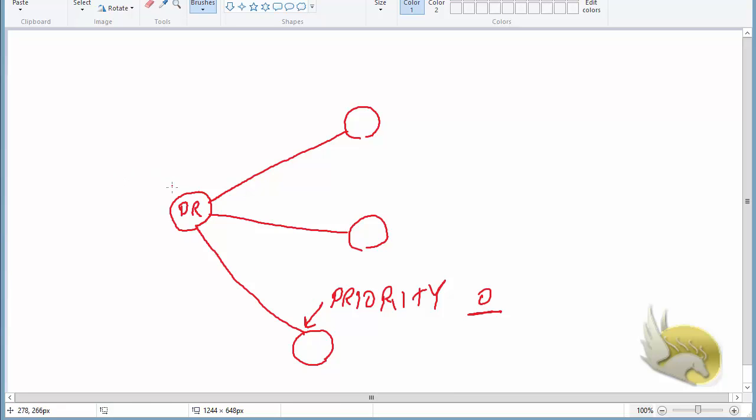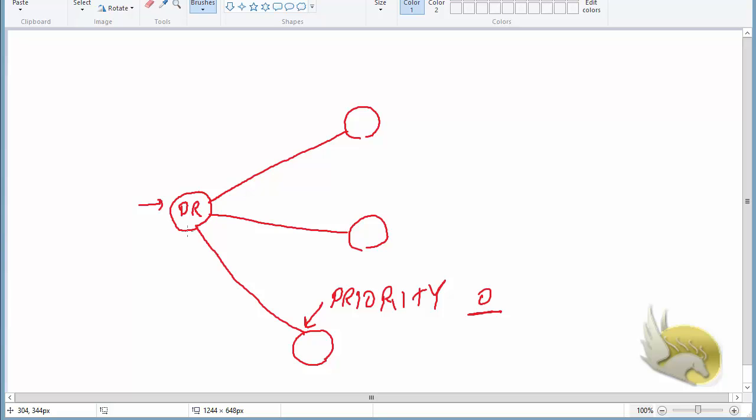Whatever priority is set in this router, that's okay. I just make sure that the priority is more than 0 in this router, and other routers in branch offices have a priority of 0. So I make sure that the designated router is always accessible by most of my branches. So this is the only place that I need to go and handle the designated router role and backup designated router role.